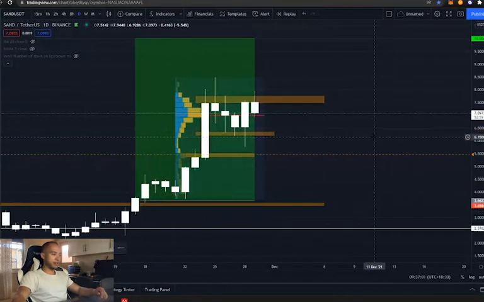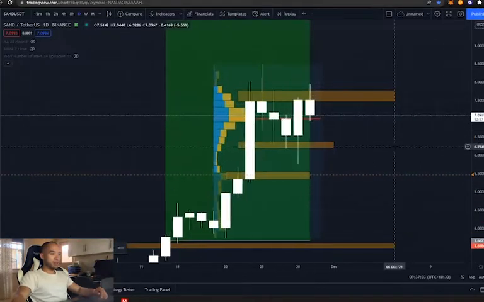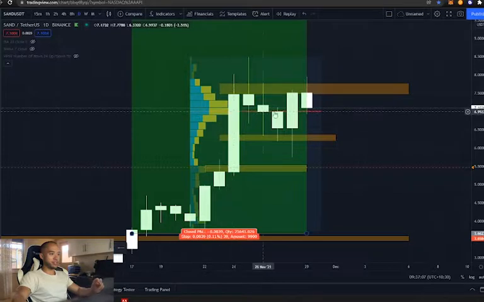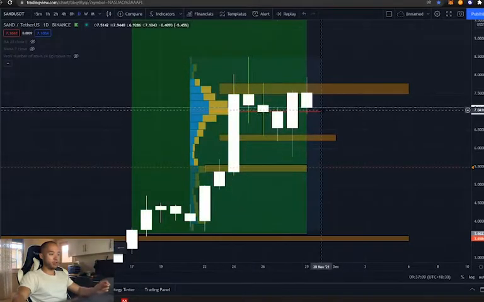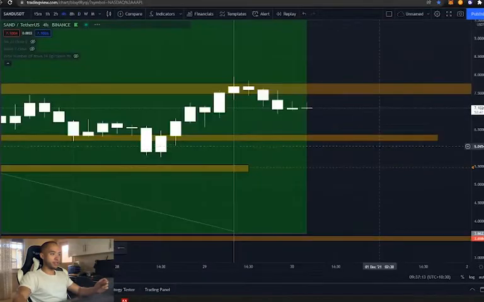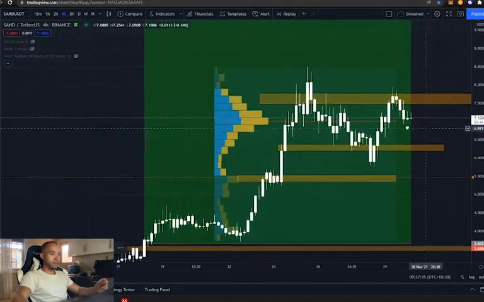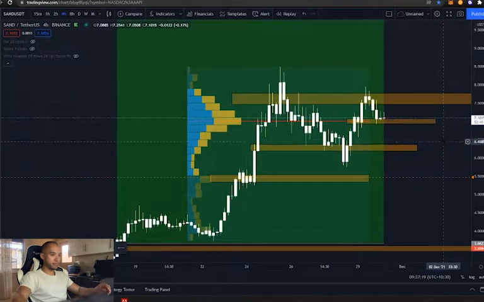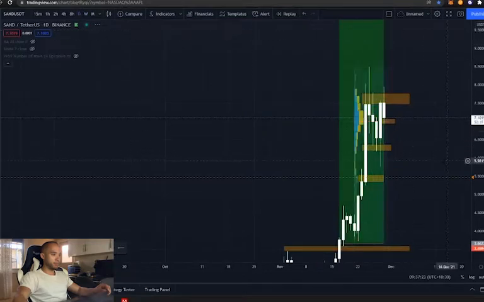So most of the volume actually is in this area right here, as you can see indicated by the point of control. So honestly, I do feel like the price can actually bounce off this level here. I'm going to draw a little box around here, just like this, and I'm going to get rid of my point of control.